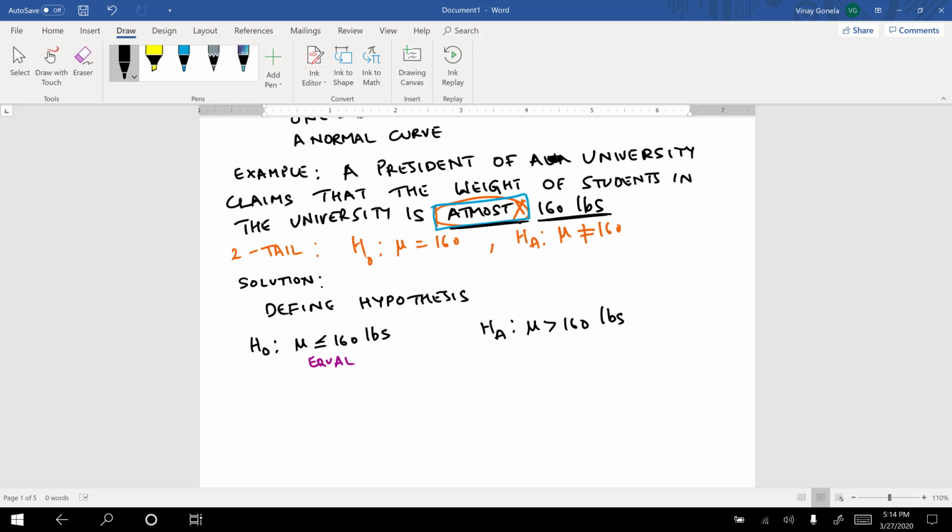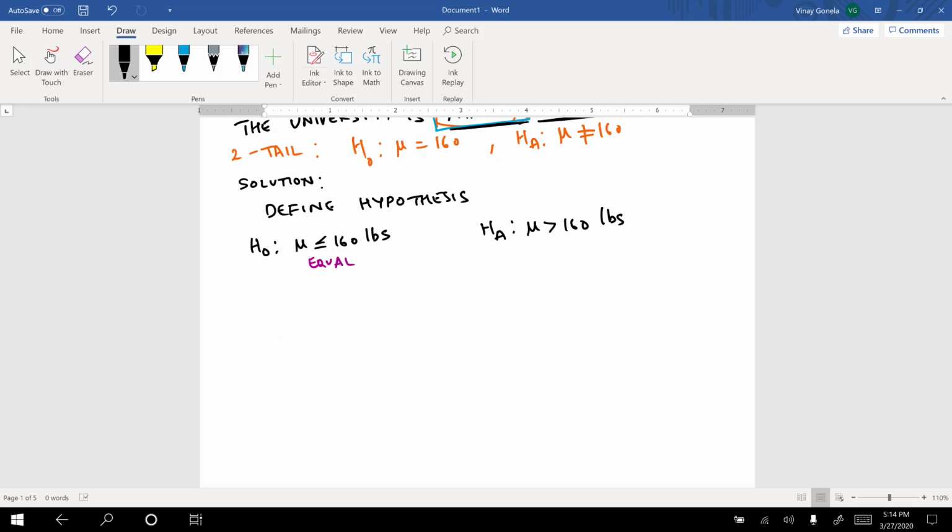Once we define our hypothesis, we conduct an experiment and get our sample. We will take some students from the university and measure their weights. This all will be given.